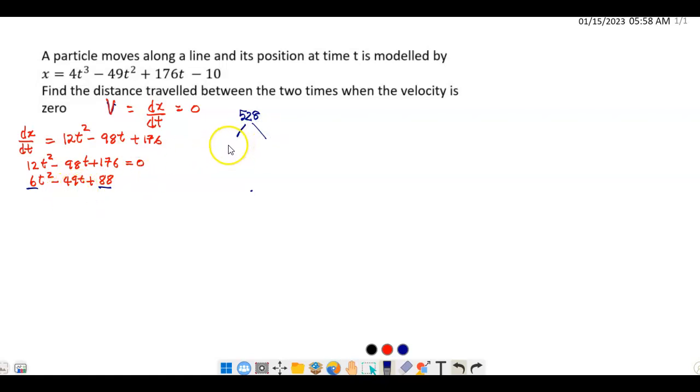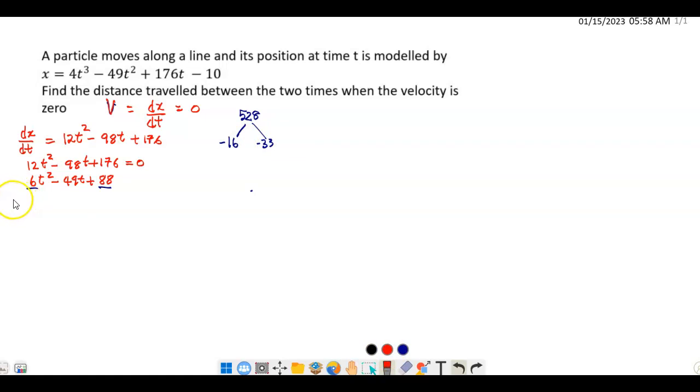So we could do 16 times 33, and when we add 16 and 33 we get 49. If you notice, it's minus 49, so this should be minus 16 and that should be minus 33. So instead of writing minus 49t, we're going to have minus 16t minus 33t. It's the same thing as minus 49t.